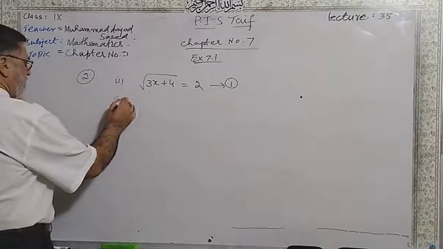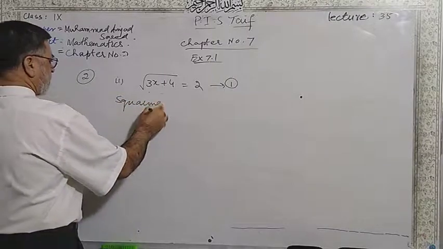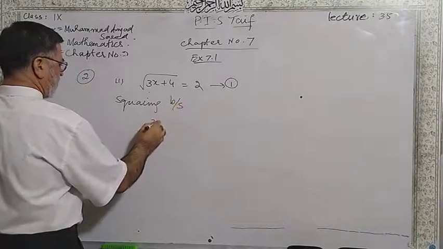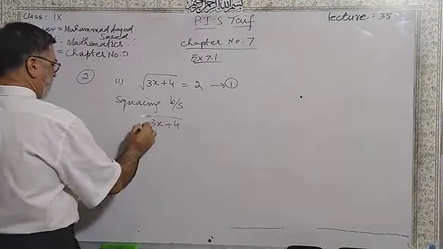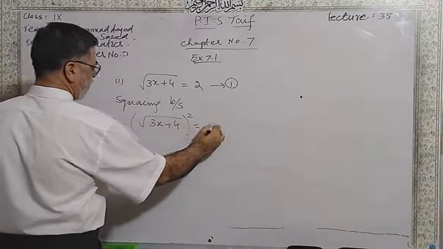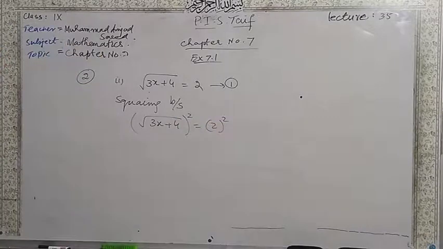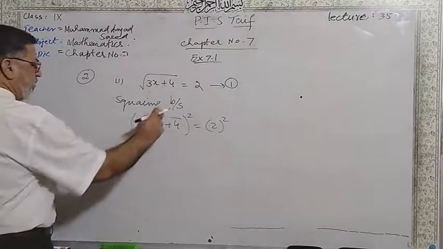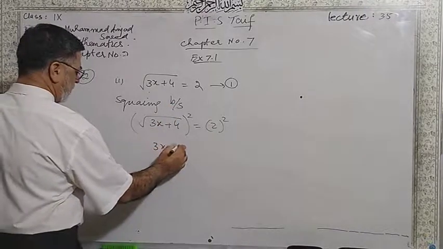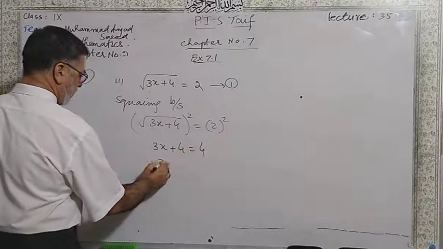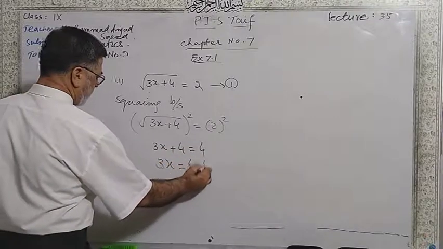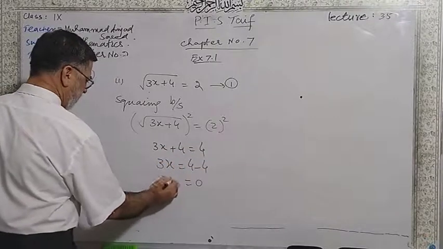Squaring both sides. 3x plus 4 under root squared is equal to 2 squared. 2 and square root are cancelled out. 3x plus 4 is equal to 4. 3x is equal to 4 minus 4.